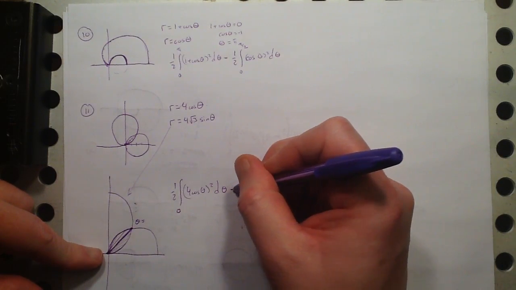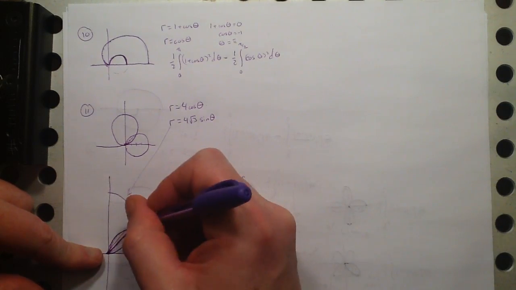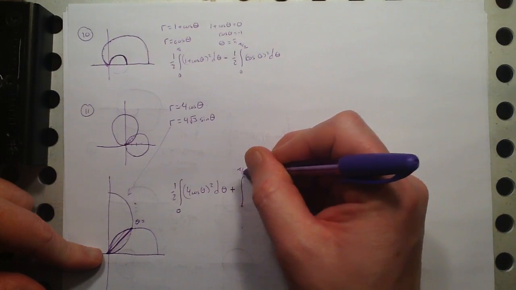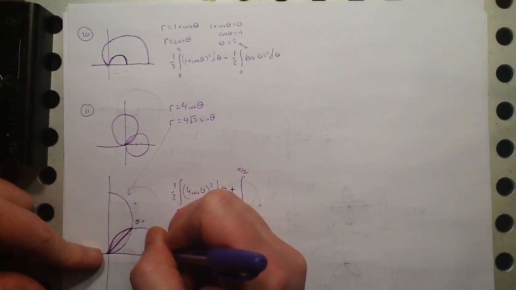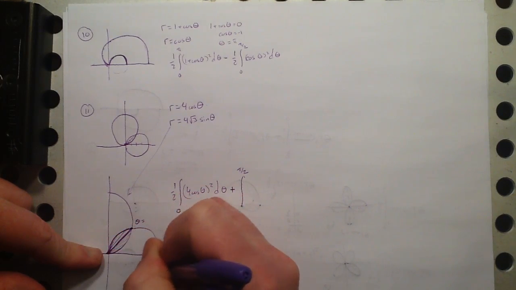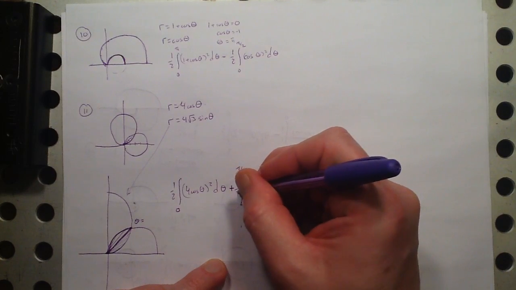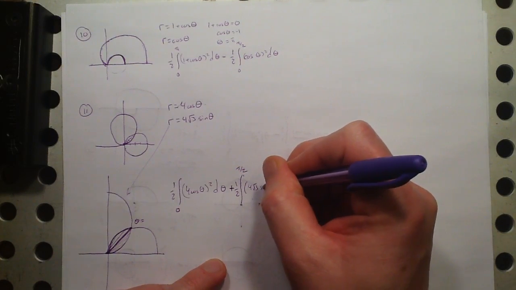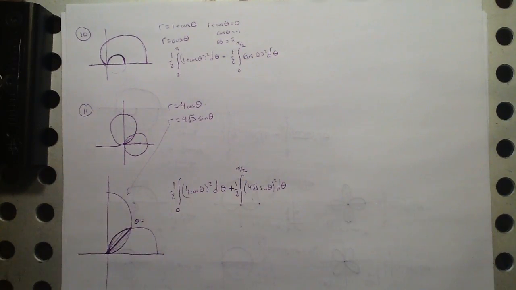And then I need to add in the rest of it from that same angle up to pi over 2 when that gets back to here, right? That's 0, pi over 2, and then back to pi again. So I just need to find where they intersect.